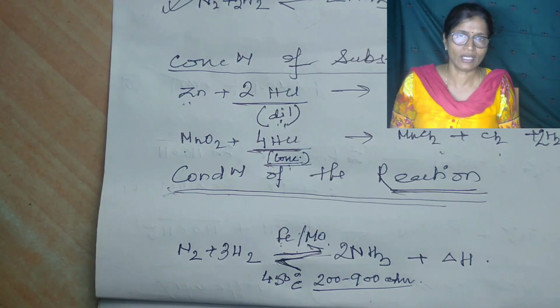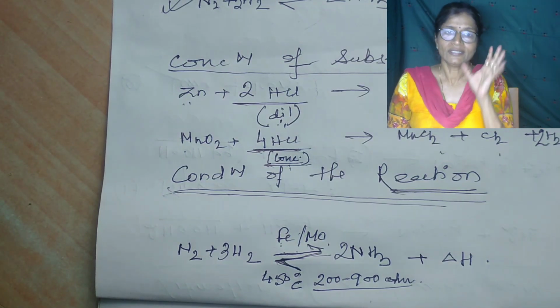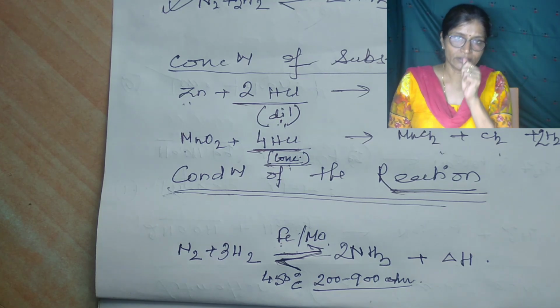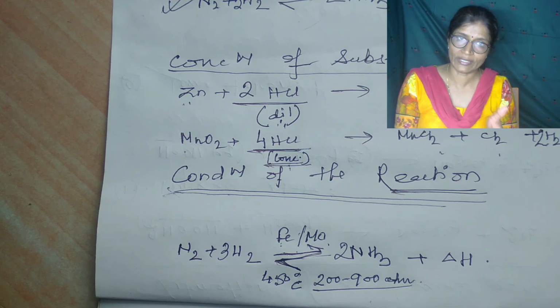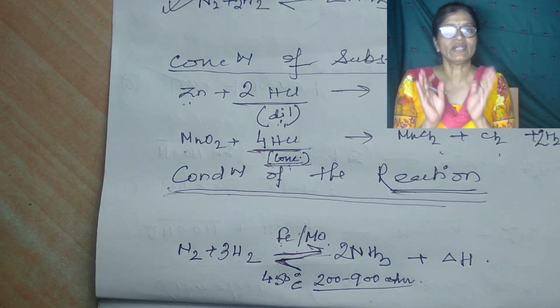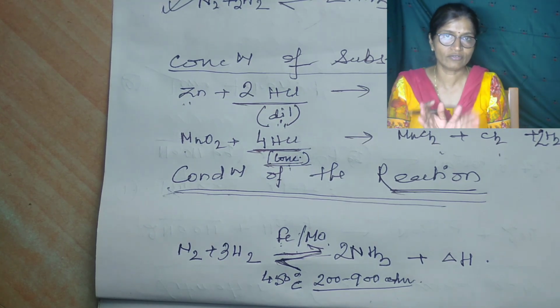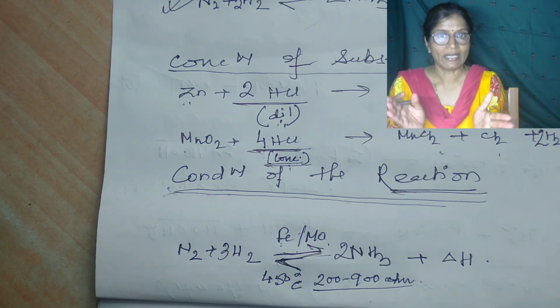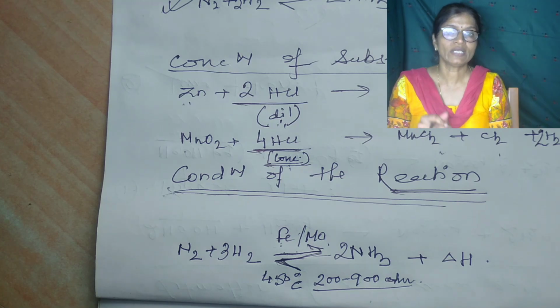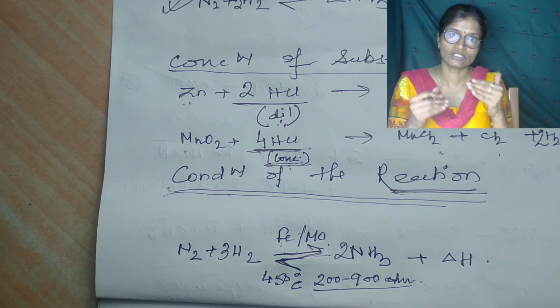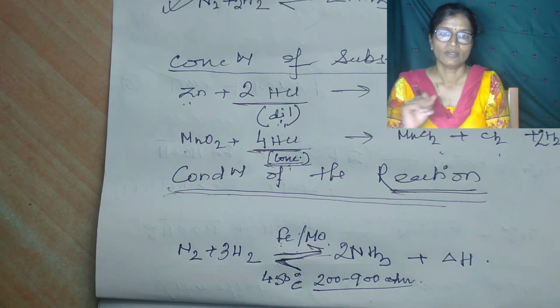So this is all about the chemical equation: what a chemical equation is, how we write a chemical equation, what information we gather from the balanced chemical equation, and what the limitations are and how those limitations can be overcome.